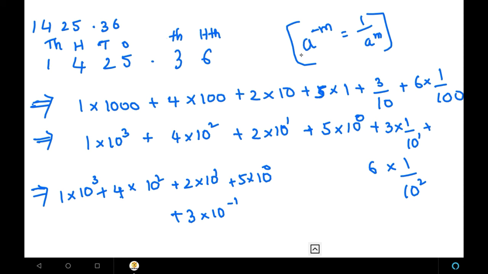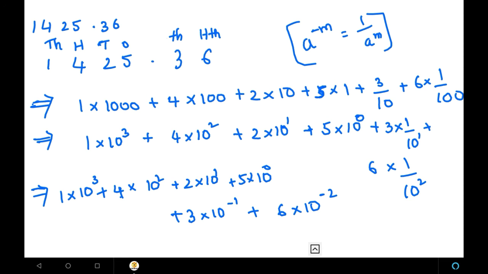One of them is a power minus m: anything with a negative power is written as 1 by that number with the positive power, in the denominator. We can bring it to the numerator by making the power negative. The same applies for the 6, which will be 6 into 10 power minus 2. In the denominator the power is positive, and when it comes to the numerator it becomes negative.